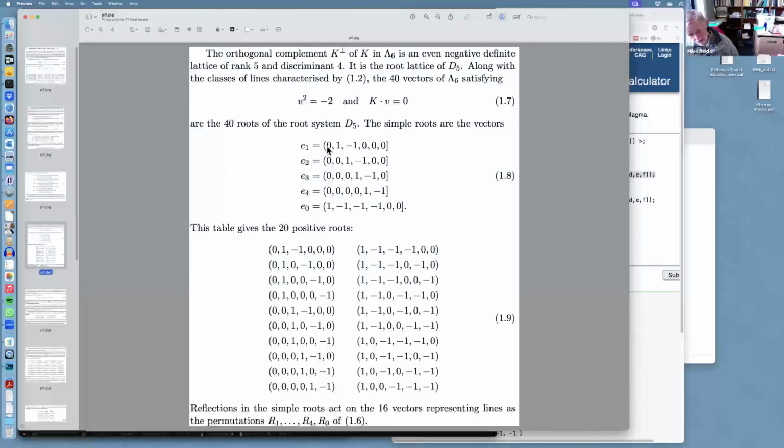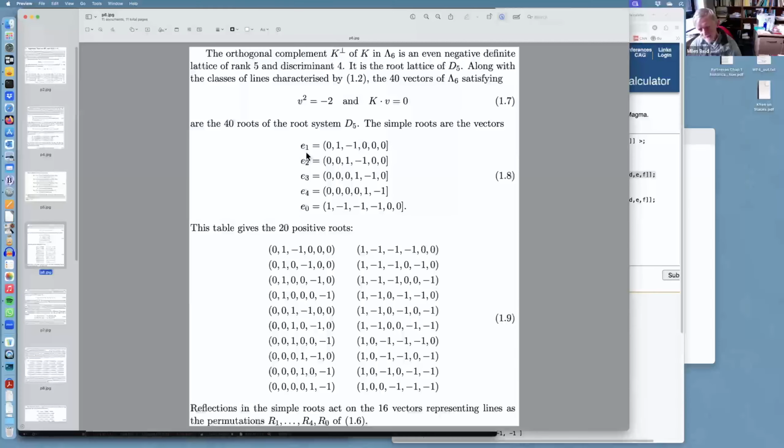Yes, so E1 is a root. You can check that V squared is minus 2, that squared is minus 1, that squared is minus 1. And it's orthogonal to V because that's plus 1, this is minus 1. Yes, and E2 likewise. So if you calculate the intersection pairing of E1 and E2, you get plus 1 from this.